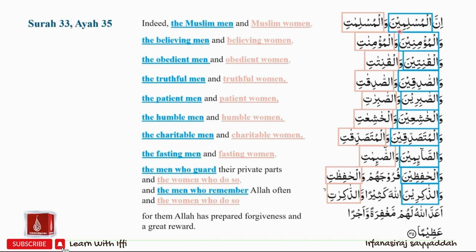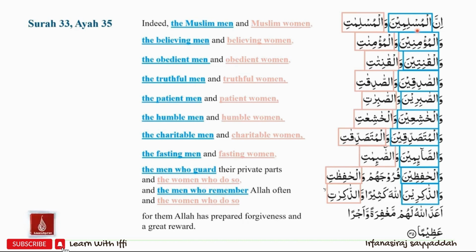Next, we focus on the ending sound, which is ina ending sound. We know that una and ina ending sounds are used for masculine non-broken plural. Therefore, we know that this ism is masculine. We also know that this ism is plural. And finally, we know that una and ina ending sounds are used to identify the status of the ism.